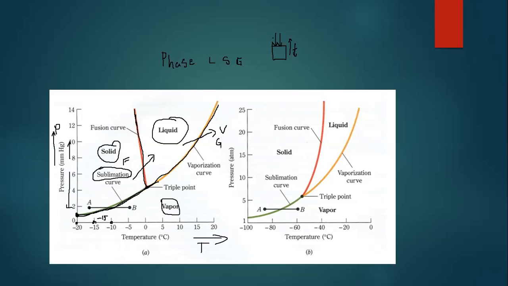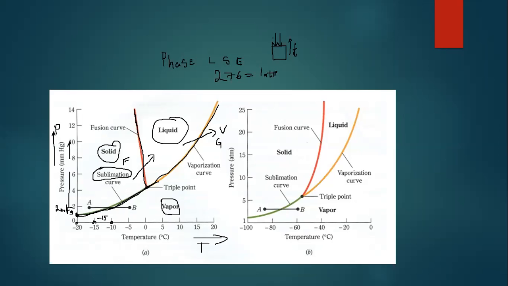it is possible for ice, if you maintain the pressure, for example at 2 millimeters of mercury, very, very low pressure. I don't know if you know how to convert millimeters of mercury to atmospheric pressure, but you can, because you know that 760 millimeters of mercury equals 1 atmosphere.